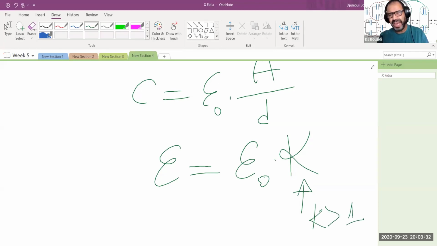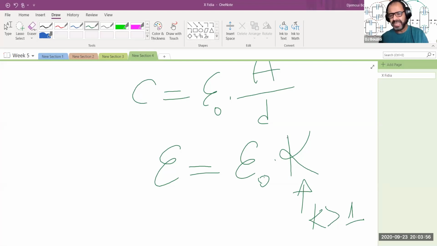In the case of air, as you saw from the table from the lab, it was 1.0000 something, 5 or something like that, which is very close to one. That's why when we say, for example, we're doing an experiment in vacuum, air will do, because the kappa for air is very close to that of the vacuum. But any other material will introduce a kappa that is greater than 1.